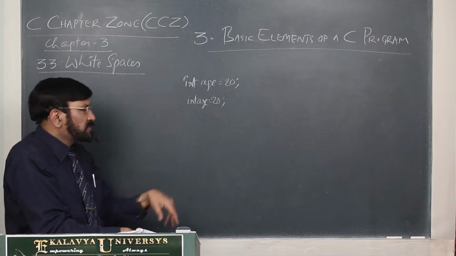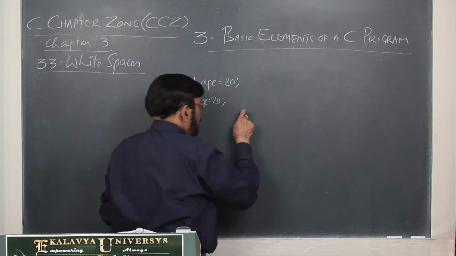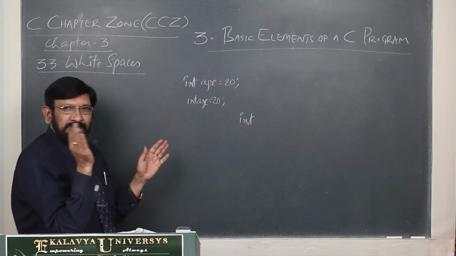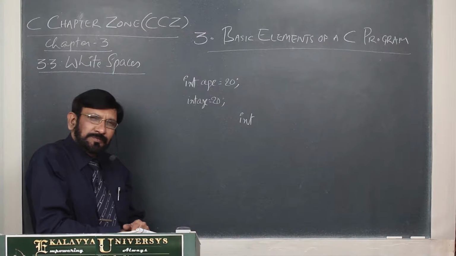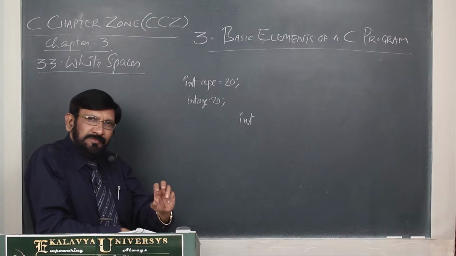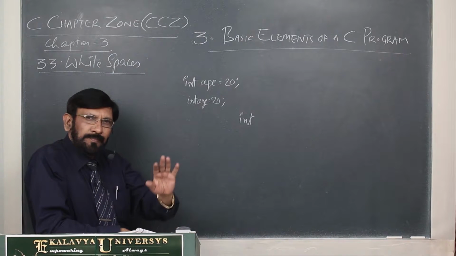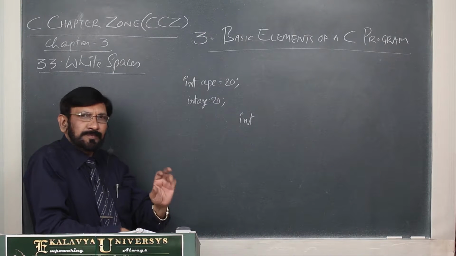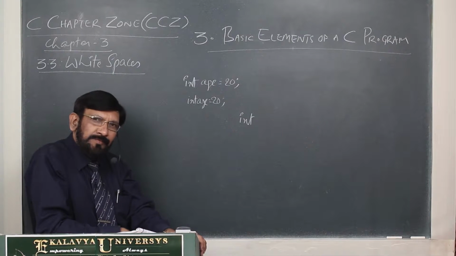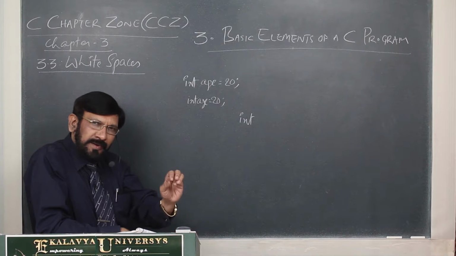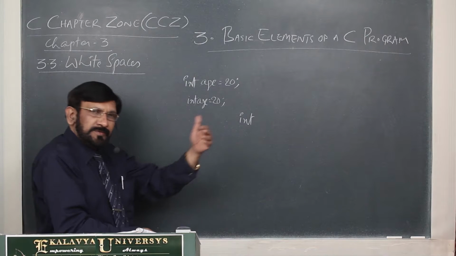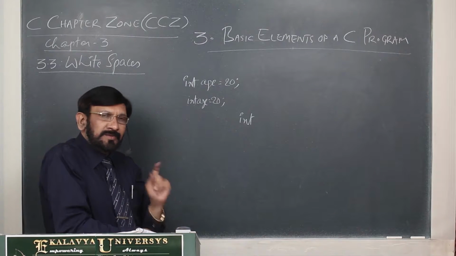It simply ignores that. That's why earlier in the previous chapters I told you, C is a free-form language. Free-form language means whatever elements it requires according to the syntax rules are present, it does not make any complaint. If those are written strictly subject to the syntax rules of the language, it does not bother.